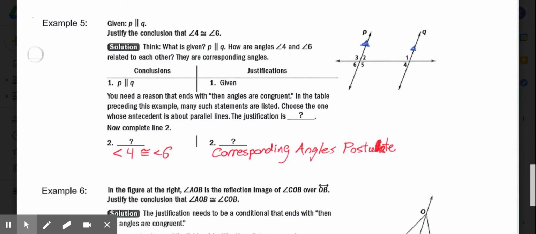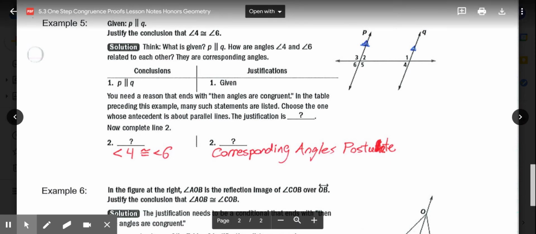Then let's look at examples 5 and 6. Example 5 gave us the given info that lines P and Q are parallel. So I just drew a little arrow in here on each line, meaning these two lines are parallel. They want us to justify the conclusion that angle 4 is congruent to angle 6.